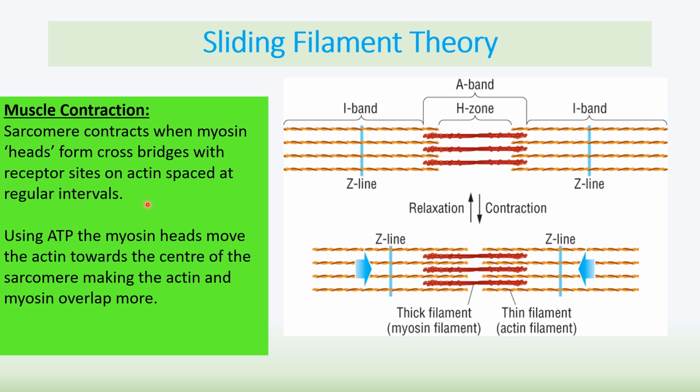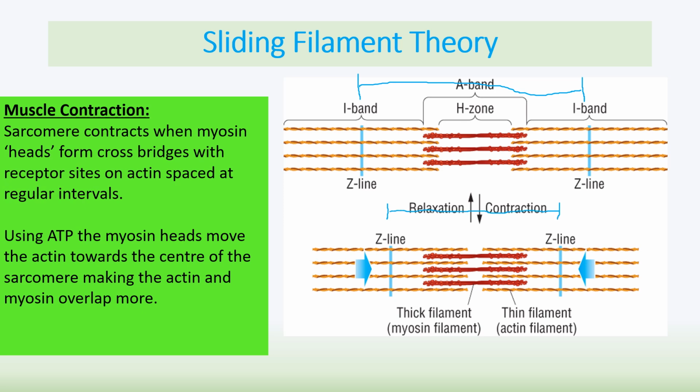And then using ATP, don't think it's that simple though, we're going to talk about it in a few minutes, they move the actin towards the center of the sarcomere, making the actin and myosin overlap. So you can see here the distance between the Z lines is much greater when they are relaxed to when they are contracted. The distance between the Z lines becomes much less as a result.